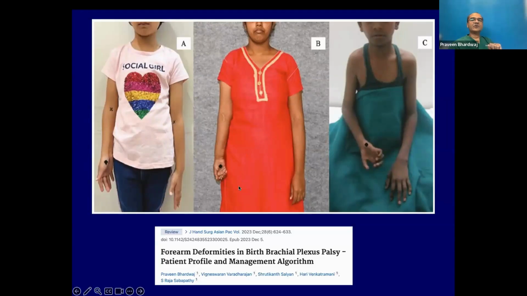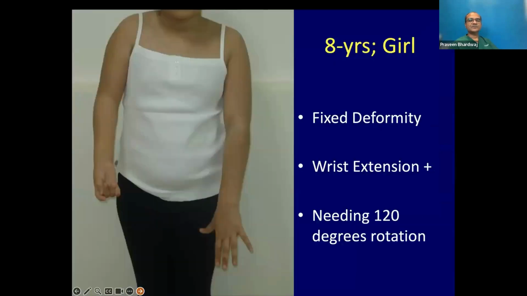Such patients would often have a fixed deformity and would require pronation osteotomy, but often only radius osteotomy is sufficient. A severe deformity is where the hypothenar eminence is facing front. Such patients would require either a one bone forearm creation or osteotomy of both radius and ulna. So that's why this categorization is quite useful.